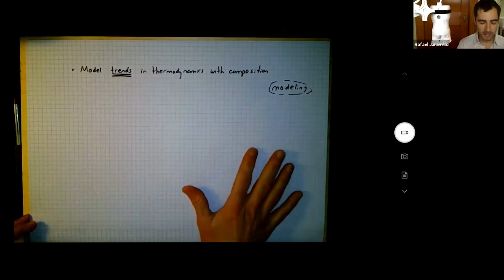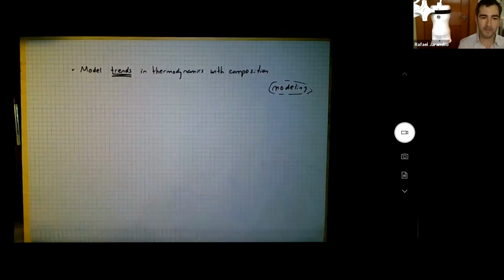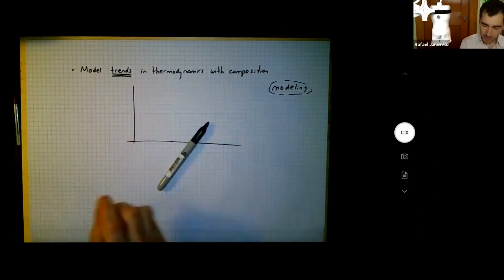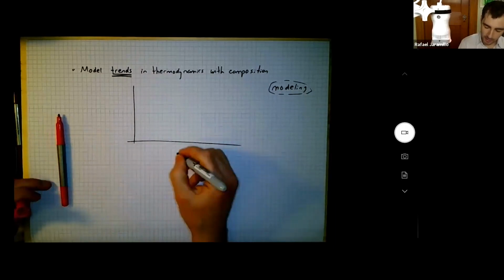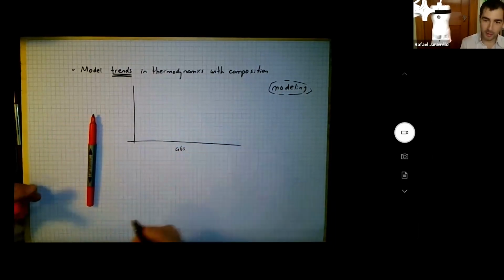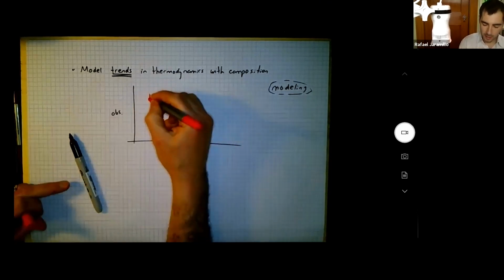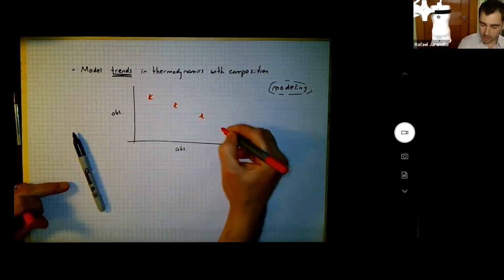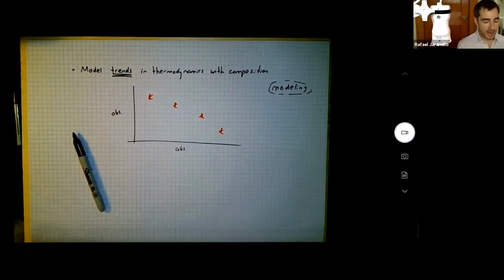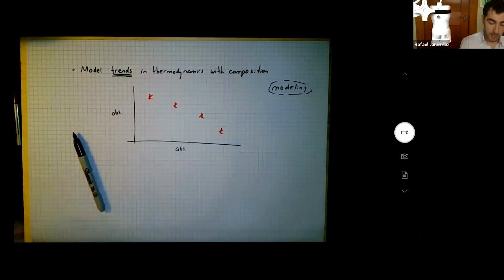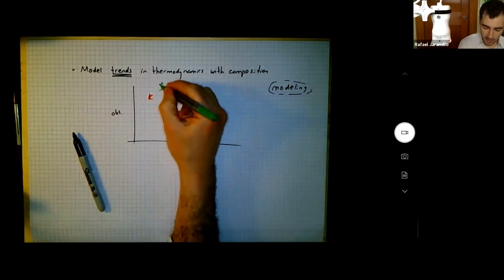What is that? What does it mean to model a physical system? We're going to model trends in composition. I think you sort of know what modeling is. Like, let's say you have data and you have some control parameter. That's the abscissa. And you have observations, right? And you go to the lab and you measure that, right? And each one of these measurements costs money.